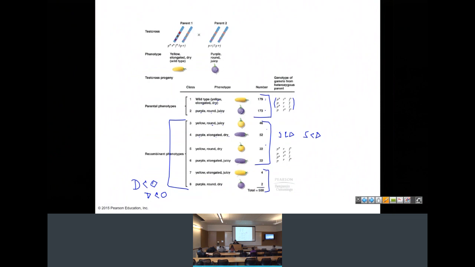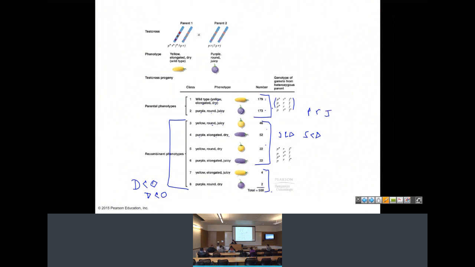So parental, double crossover. So the key here is to look at the double crossovers and see which order is different than the parental. And this can tell us the gene in the middle. So we have a purple, round, juicy, right?